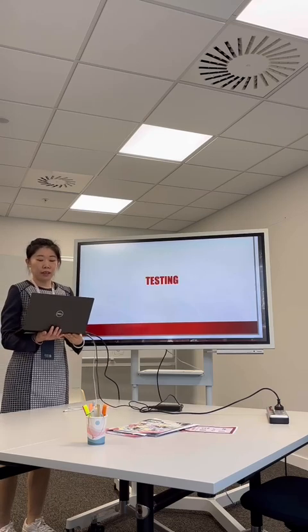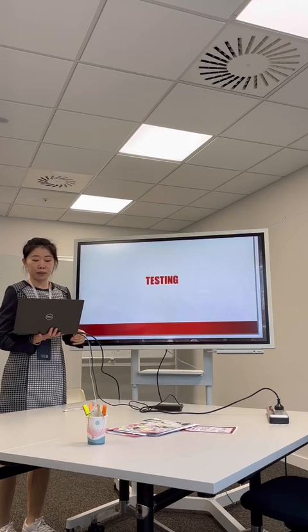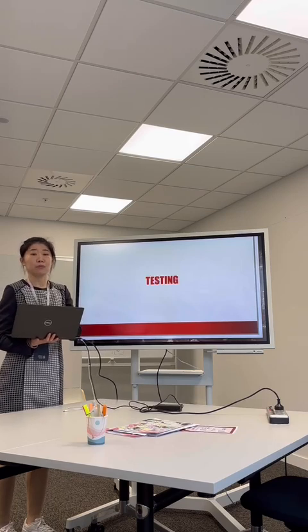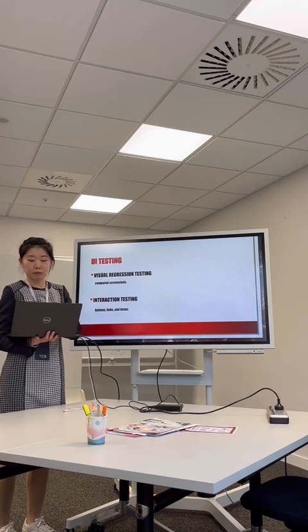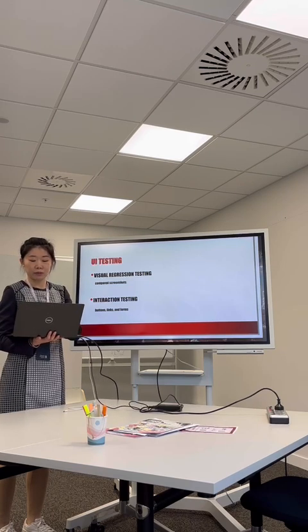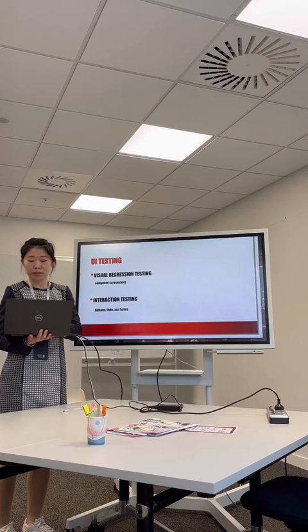The next part, I will talk about two kinds of testing I used in the development: UI testing and performance testing. UI testing examines whether the web interface elements adhere to design specifications and respond correctly to user actions.